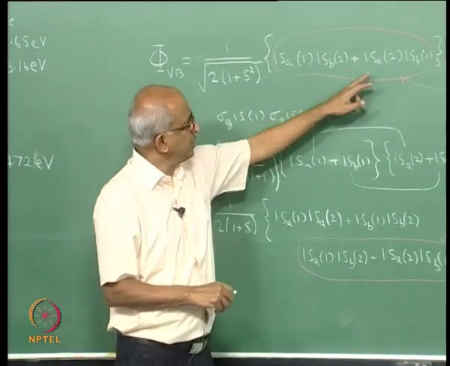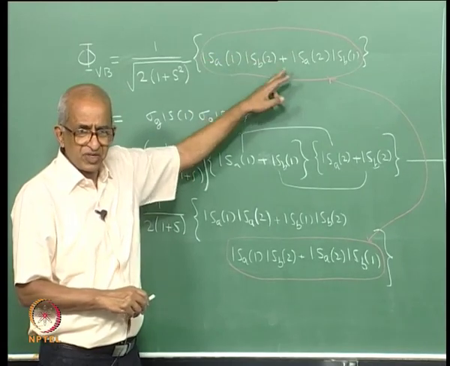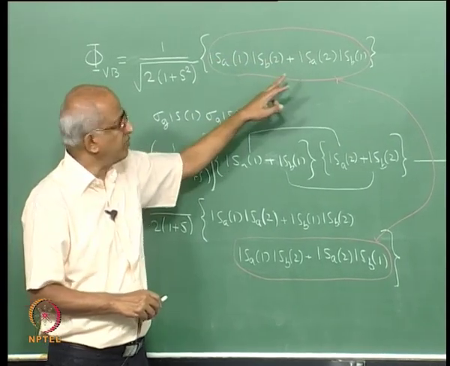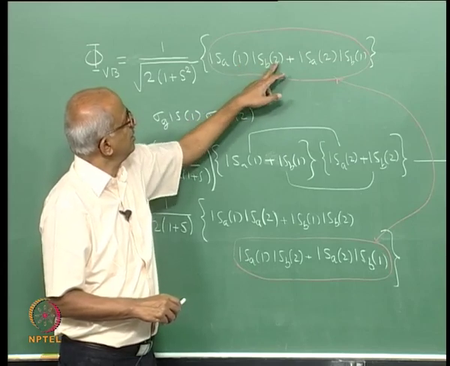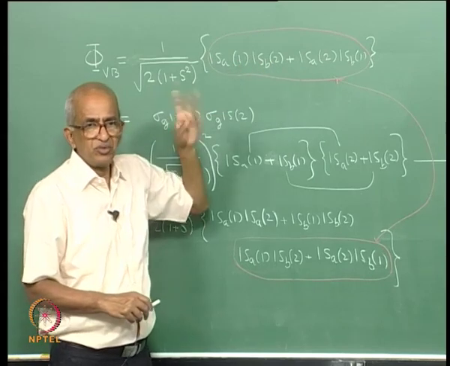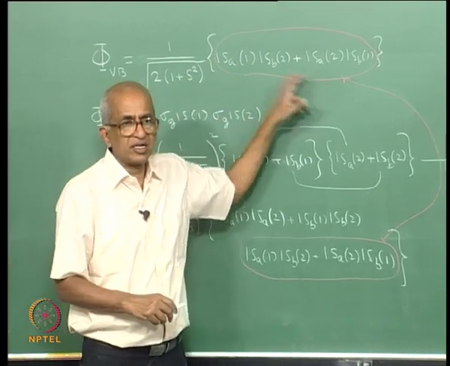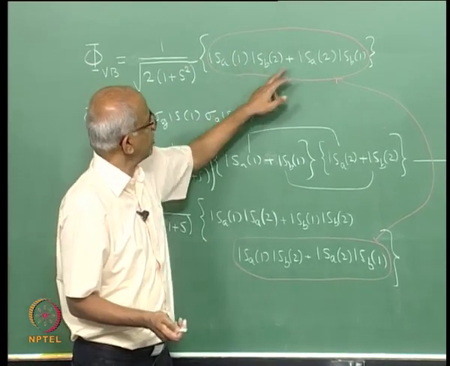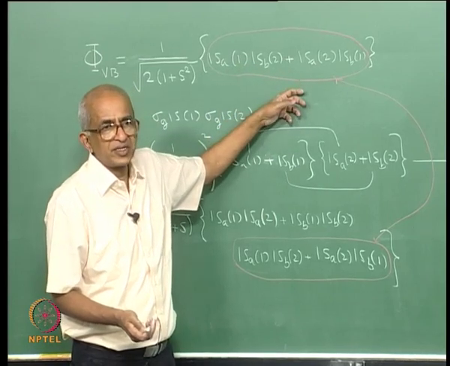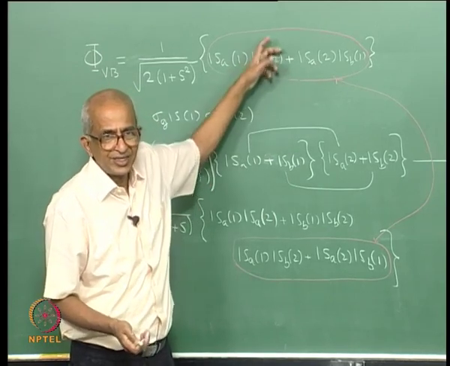Well, here I have written only the spatial part of my wave function. And if you looked at the spatial part, suppose you interchange the electrons 1 and 2, what will happen? This function, if you interchange the electrons 1 and 2, you will find that this function does not change sign.